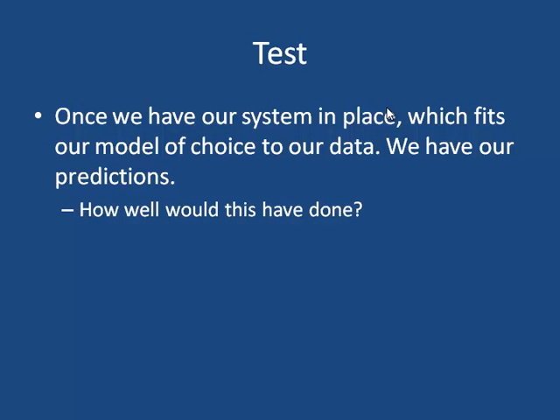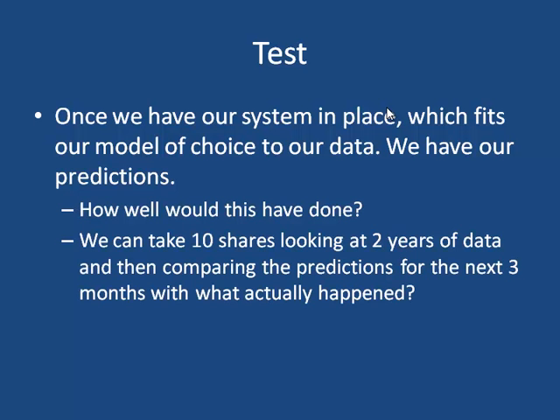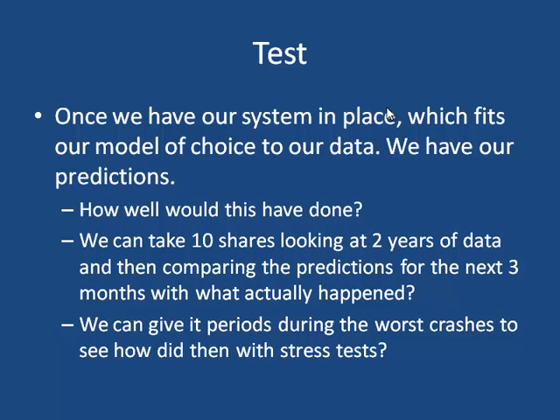How well would this have done? Well, we can take, say, 10 shares, looking at 2 years of data, and then comparing the predictions for the next 3 months with what actually happened. That would be one way to try and gauge how well our system works. We can give it periods during the worst crashes to see how they do then, which would be a stress test.